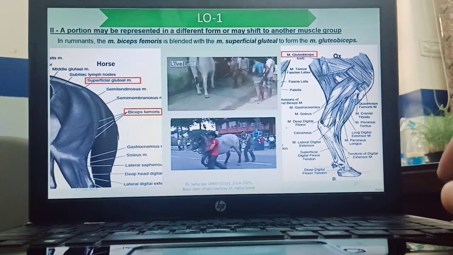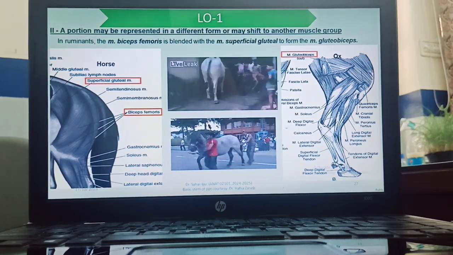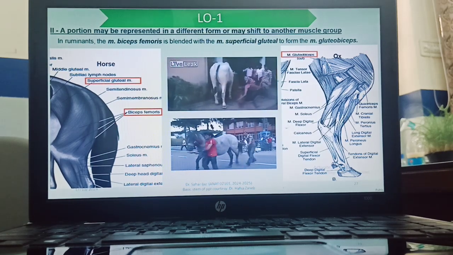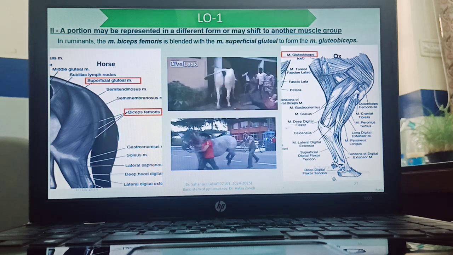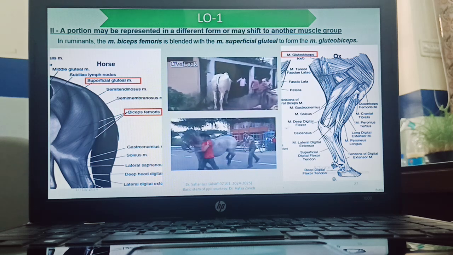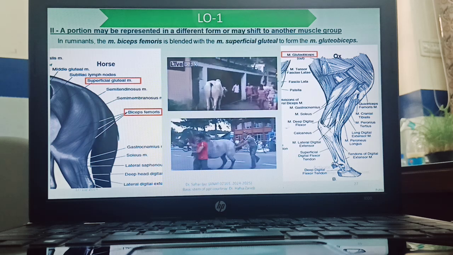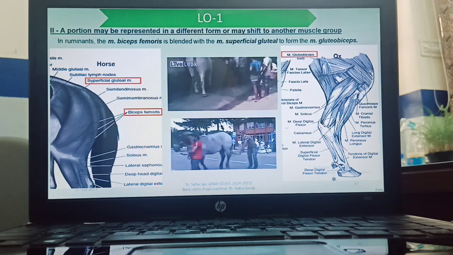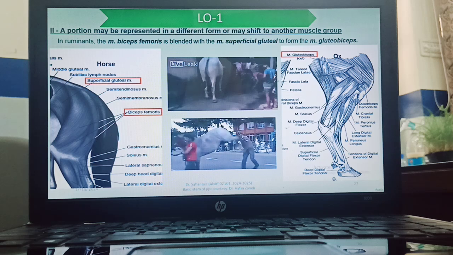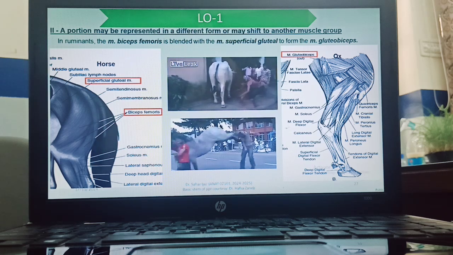And because these two animals might use these muscles very differently, this kind of merger of two muscles gives strength to one animal on the side and to the other animal on the back.